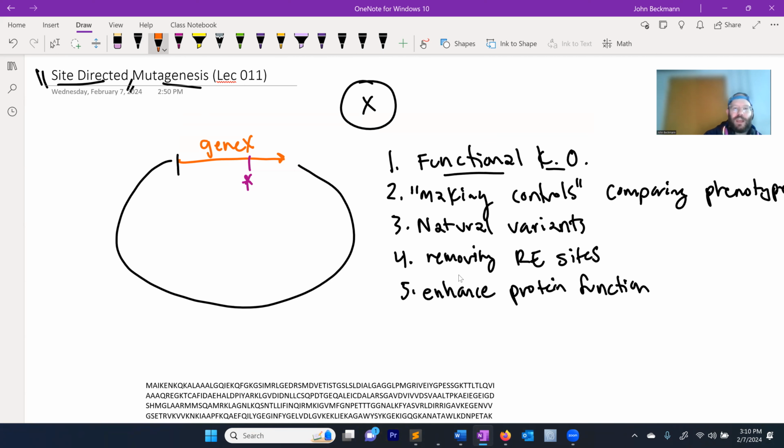But you know that if you make a mutation right here, it'll give it enhanced or super enzymatic activity. That's another common thing, okay? So you can use it to change protein function. So these are some of the options that you would use site-directed mutagenesis for. There's many more of these, but these are just a few examples.